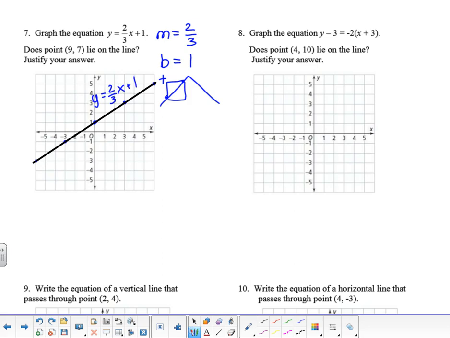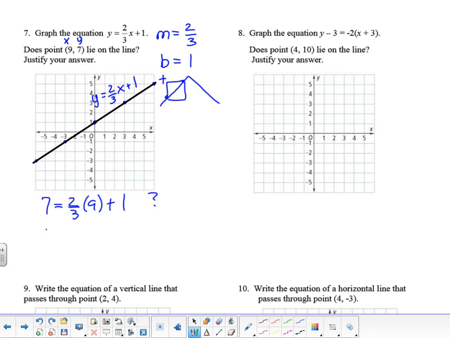Now the question is, does it go through 9, 7? Well, I can't see that here on the line, so what I'm going to do is this is an x, this is a y, and I'm going to substitute into the equation here. So does 7 equal 2/3 of 9 plus 1? That's my question mark.